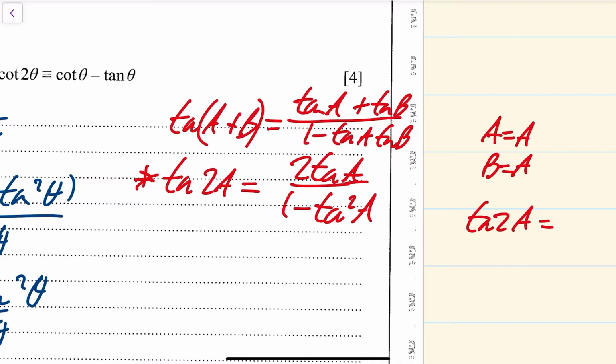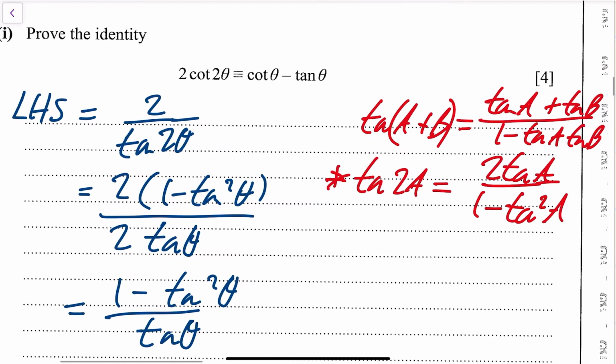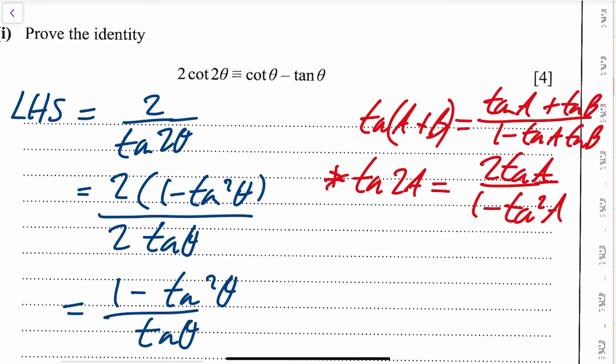You really should know that anyway, but that's how you can get it from your formula booklet. So if that's what tan 2a is, 1 over tan 2 theta would be this thing here.